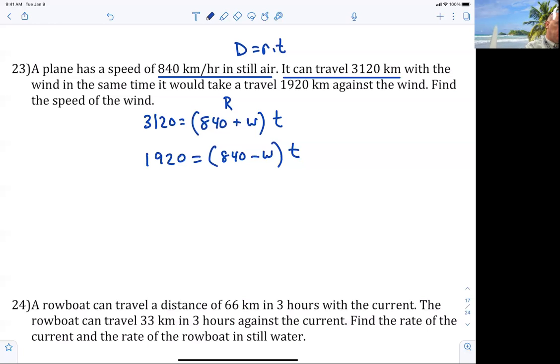Now I'm just looking at these two. And what could I do, someone? Multiply the bottom by what? Negative 12. Negative 12R.